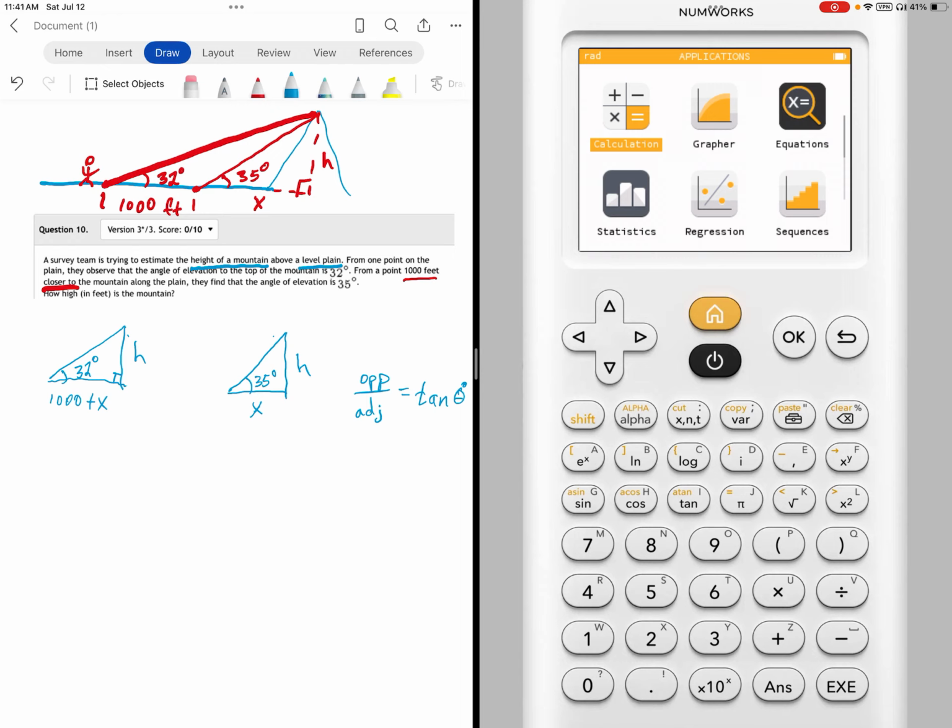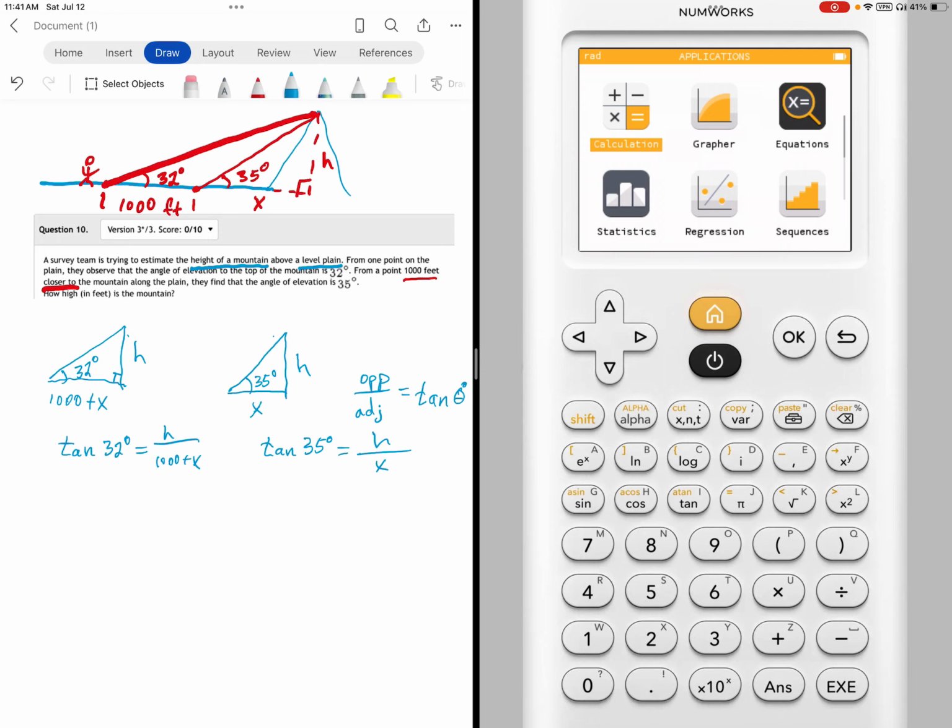So the statement we get for the 32-degree angle is that the tangent of 32 degrees is equal to opposite, which is h, over adjacent, which is 1,000 plus x. And for the 35-degree angle, tangent of 35 degrees is equal to opposite, h, over adjacent, which is just x.